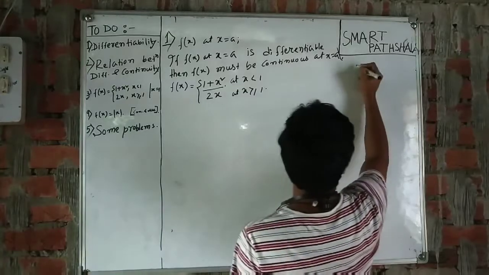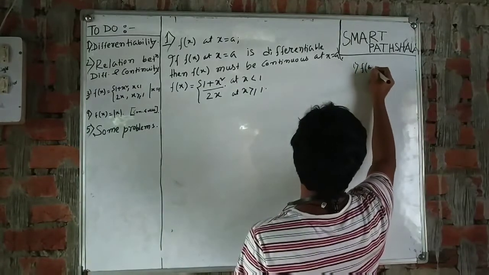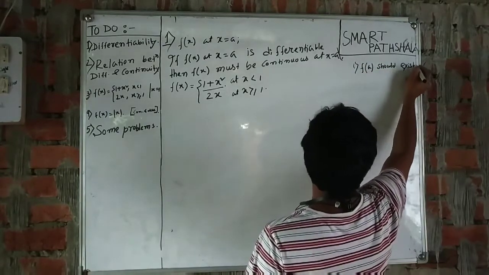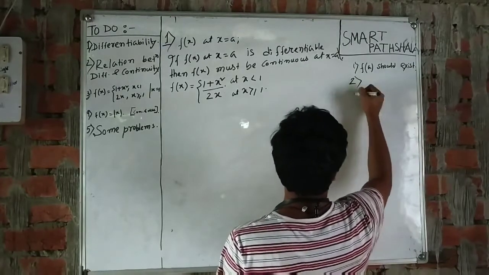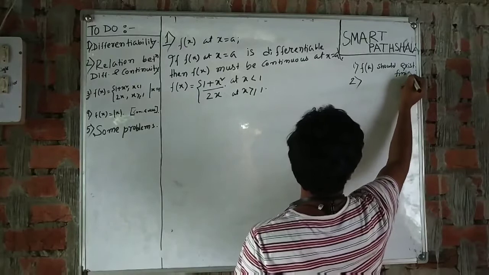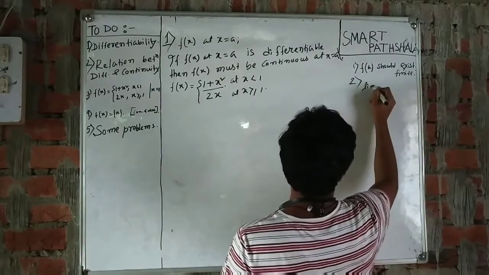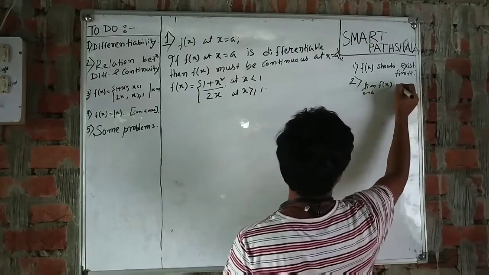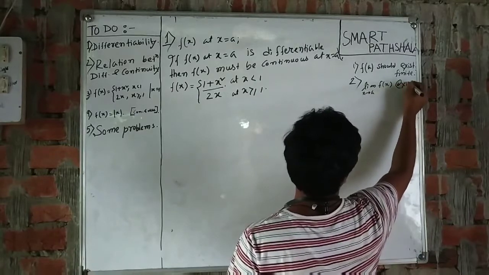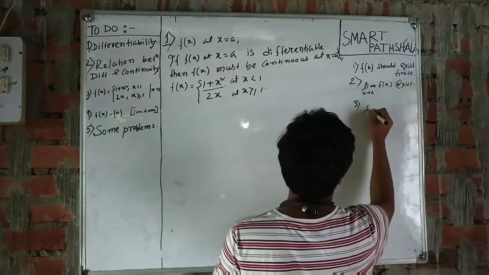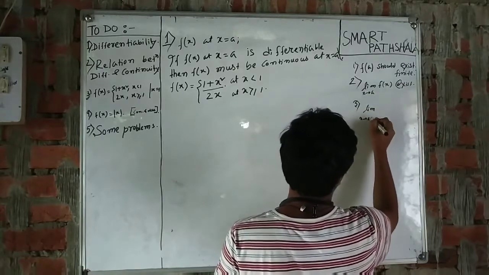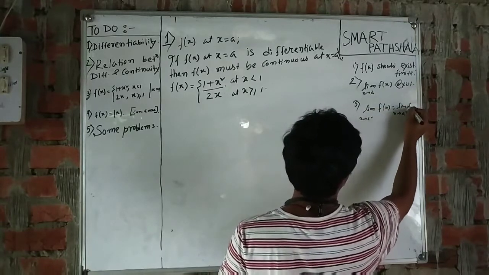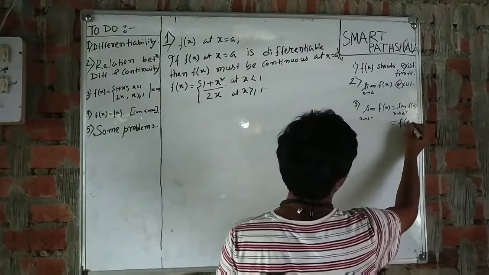One is f of a should exist, or will have a finite value, and limit of x tending towards a of f of x exists, and obviously the left hand limit should be equal to the right hand limit, and everything should be equal to f of a.